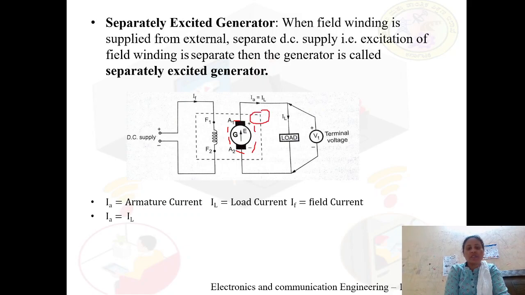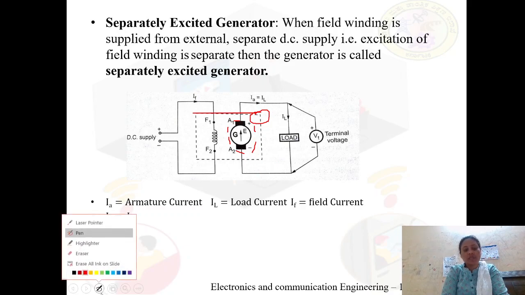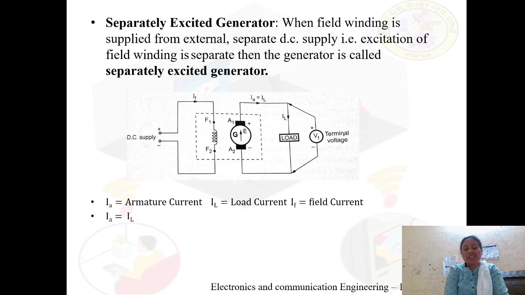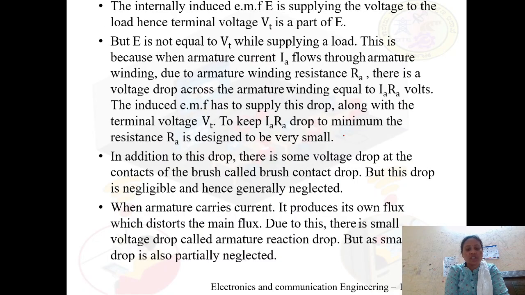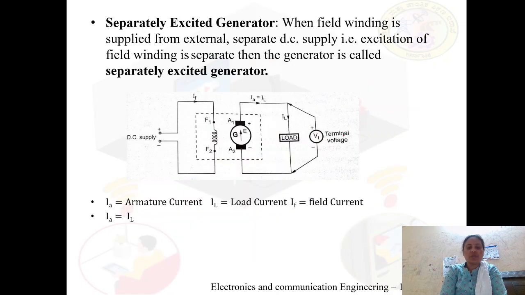This is the main flux. Hence, in this process, some amount of voltage drop will take place, and we call it the armature reaction voltage drop. So here are three more parameters which are involved with the EMF induced in the armature.